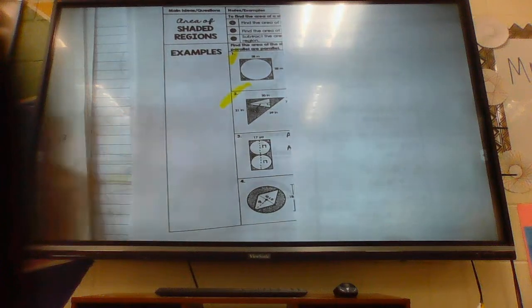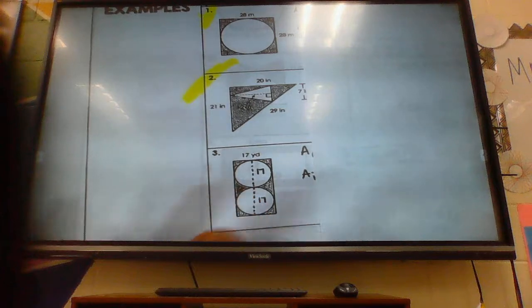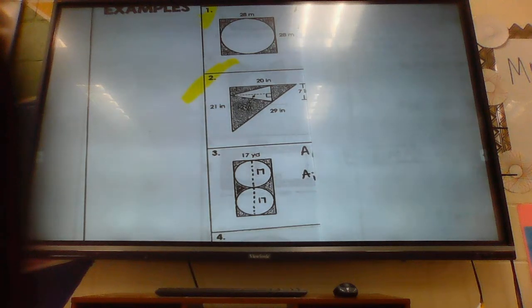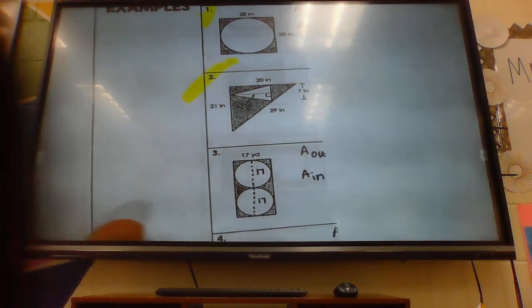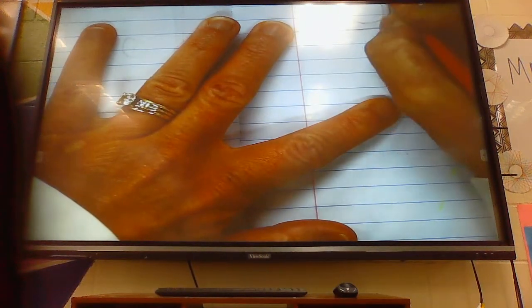There you go. So you're drawing a square and then a circle inside the square. You've got 28 meters and 28 meters. So I'm gonna attempt to draw it now that you know what it's supposed to look like.